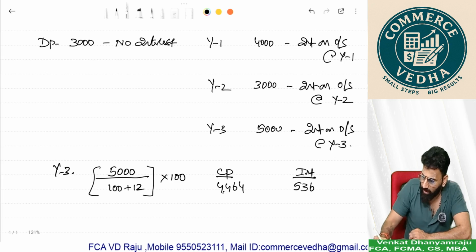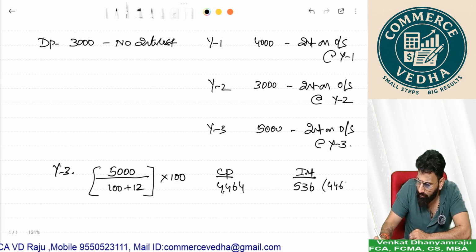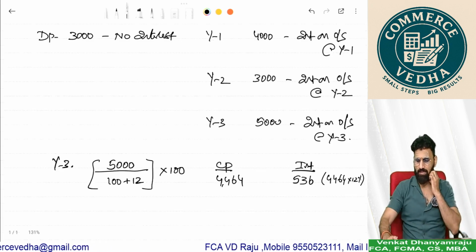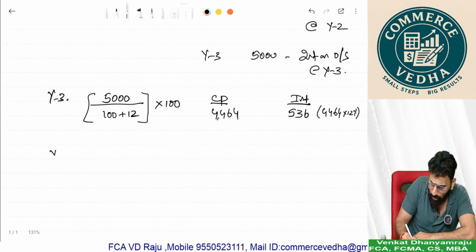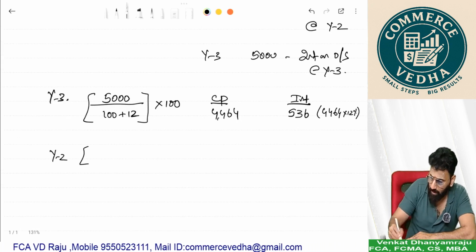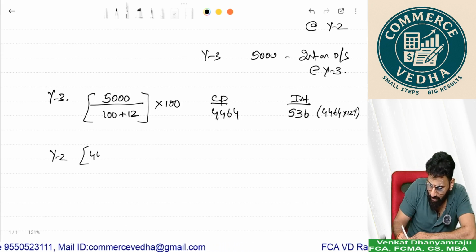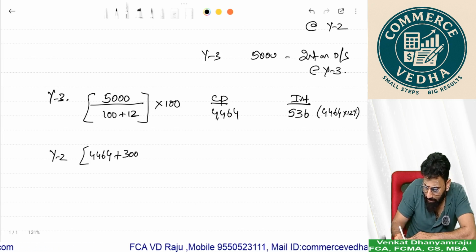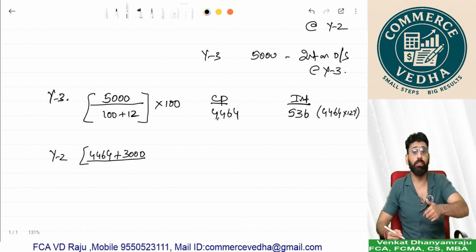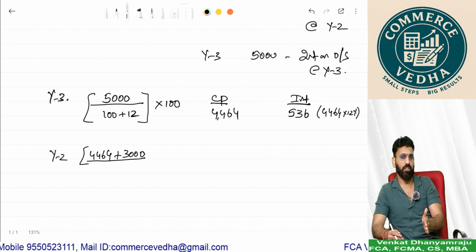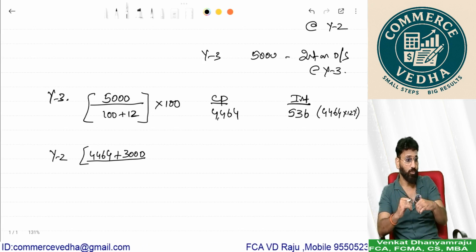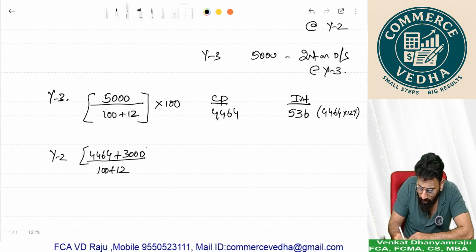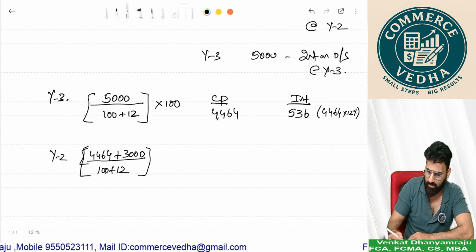Yes, right, this is nothing but 4464 into 12%. That is year 3. Now when I go to year 2, year 3 principal outstanding 4464 plus the amount paid 3,000, which includes interest on year 2. So assume 100 is the principal and 12 is the interest, because interest is 12% on principal.